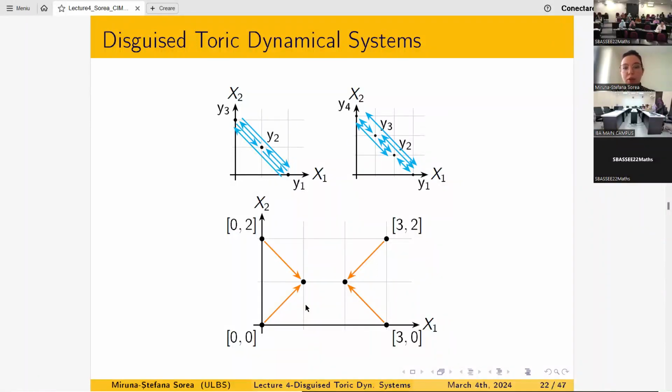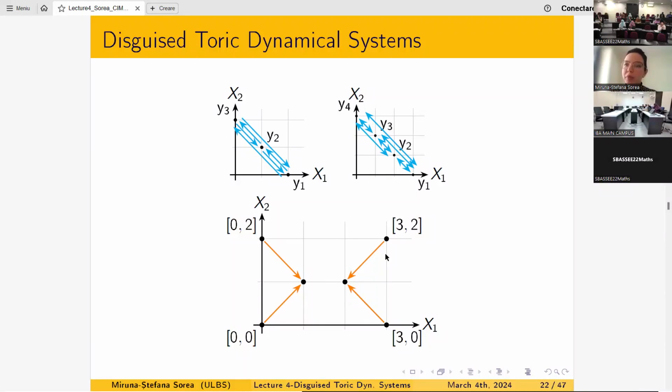Why is it empty? Because maybe you remember from last time, a necessary condition for complex balancing is to be weakly reversible. So every directed edge has to be part of a directed cycle. And here you see that no such thing happens. You can also see it directly because there are vertices where we only have inflow, so there's no outflow, and some vertices where there is just outflow.